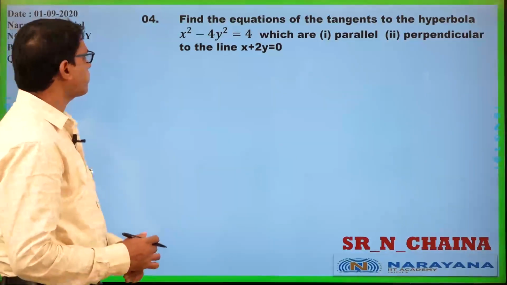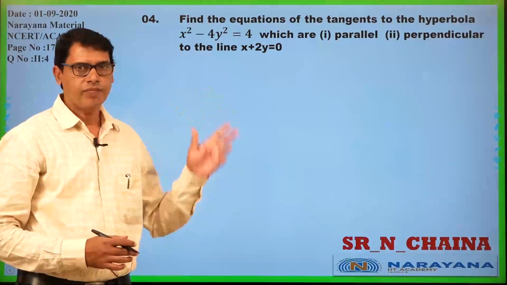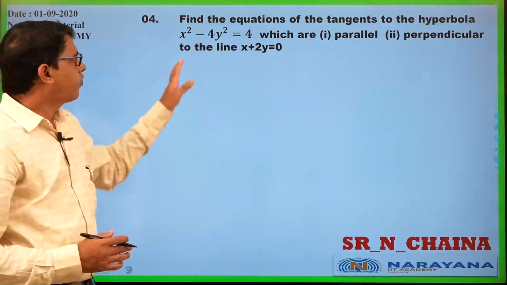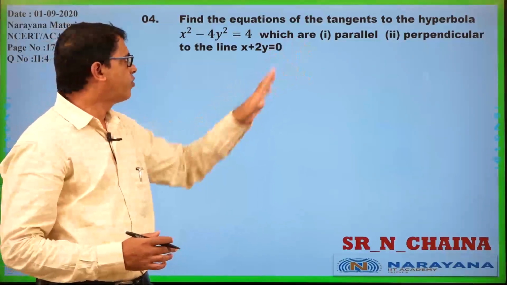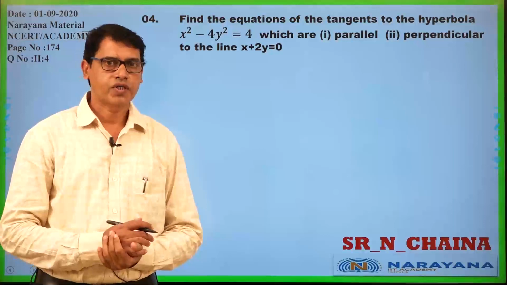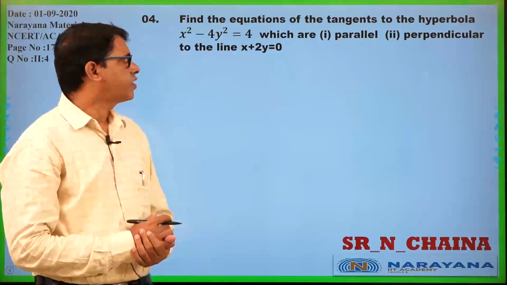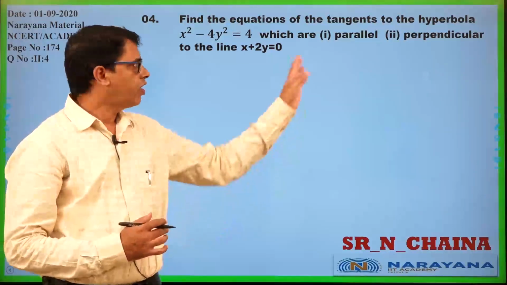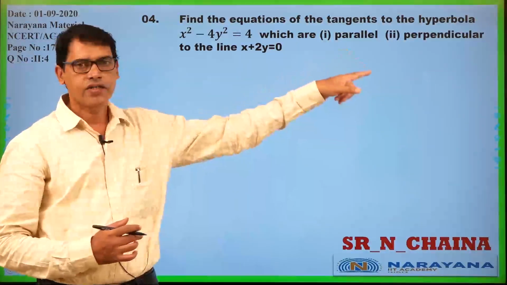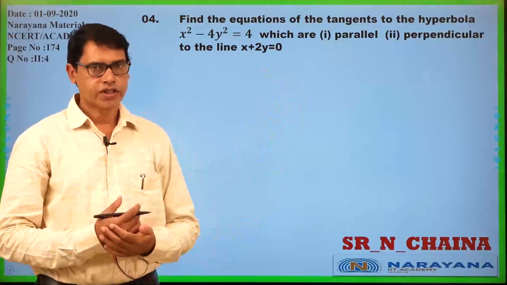Here again from academy. Find the equation of tangents to the hyperbola x square minus 4y square equal to 4. Two conditions are given: one, if the tangents are parallel to this line; second, perpendicular to this line.